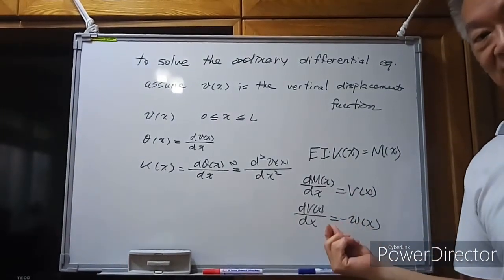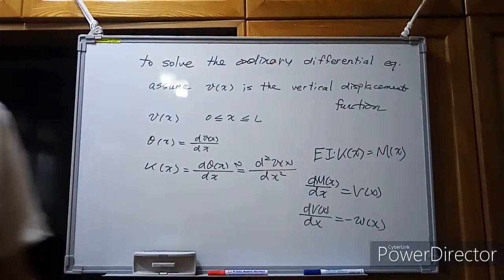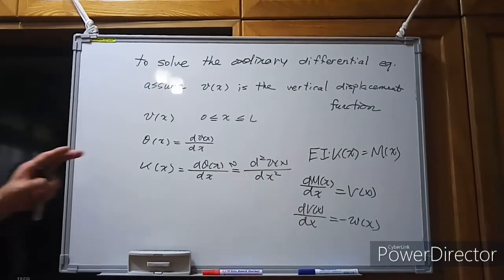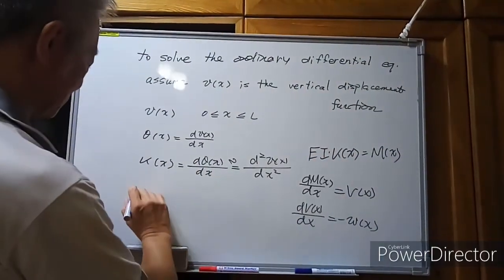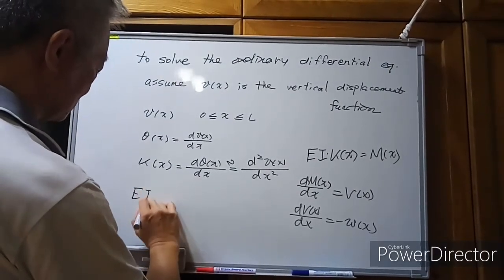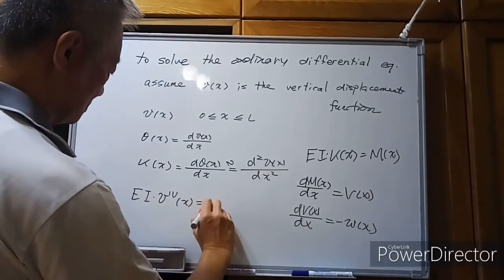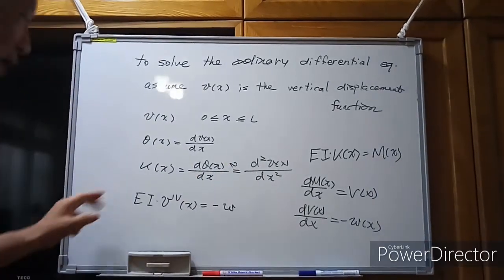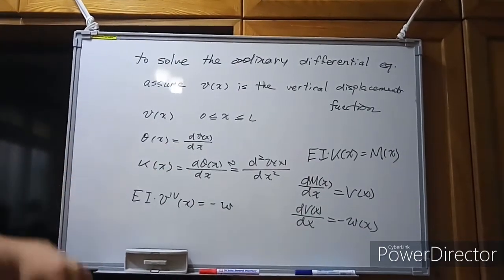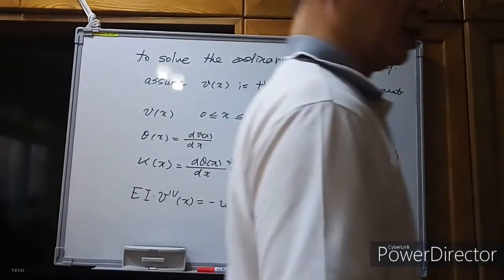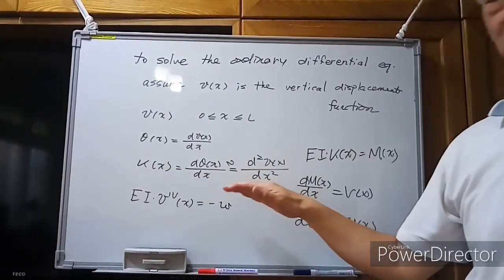However, we need to add a negative sign, negative W. If we combine all these formulas, we get EI times the fourth derivative of the v function equal to negative W. It is the controlling differential equation.